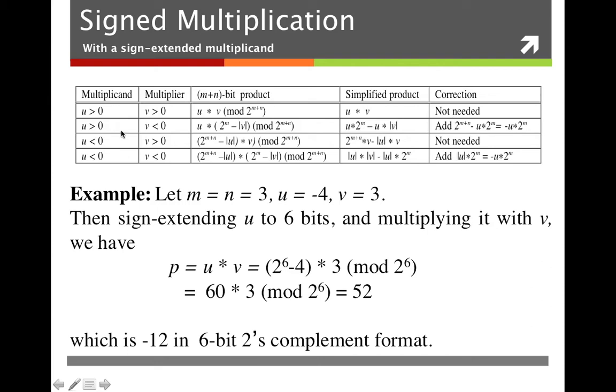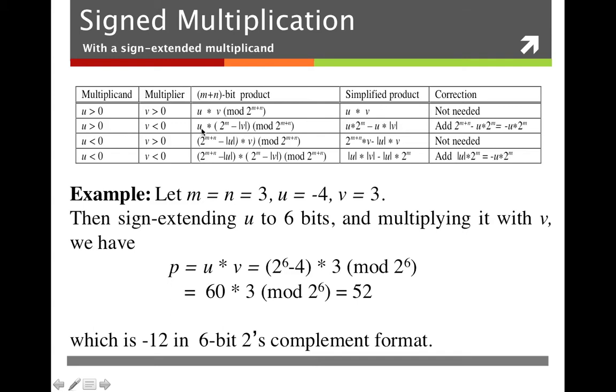The second case, u greater than 0, v less than 0. So what you can see here is that we're just simply, again, multiplying, but the multiplicand is sign extended, but with zeros, with u being greater than 0, that sign extension would just not change the value of u, because it'll still be u itself.